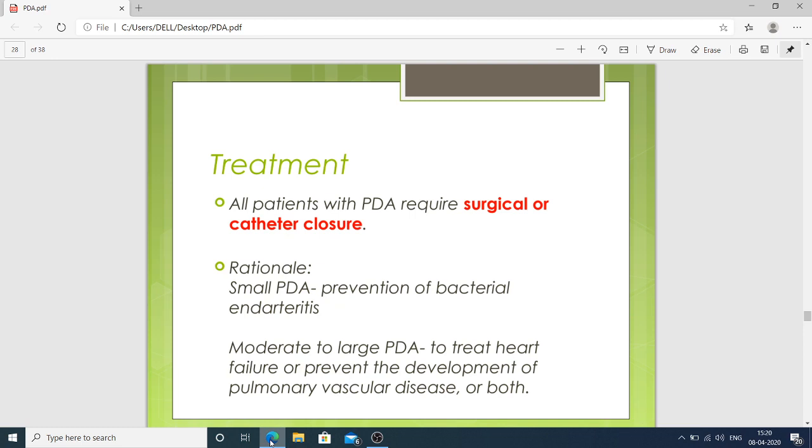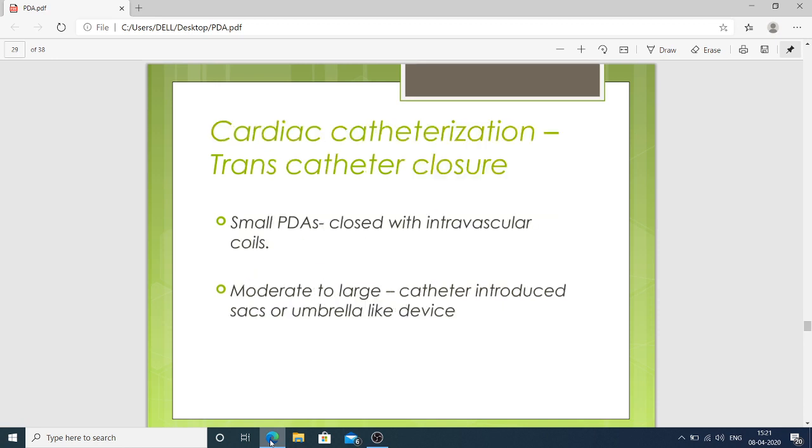Then treatment. All patients with PDA require surgical or catheter closure. The rationale behind it: for small PDA, prevention of bacterial endarteritis; for moderate to large PDA, to treat heart failure or prevent the development of pulmonary vascular disease or both.